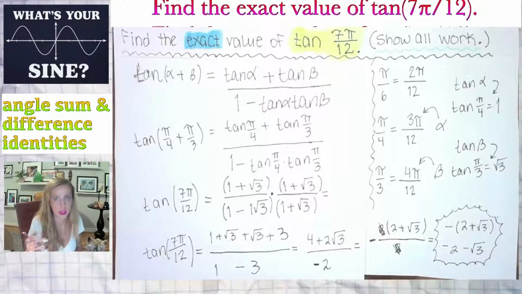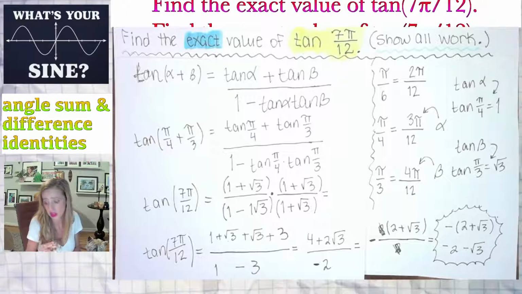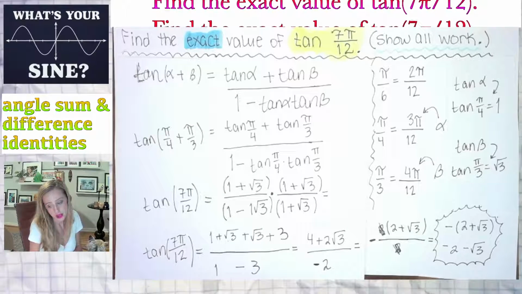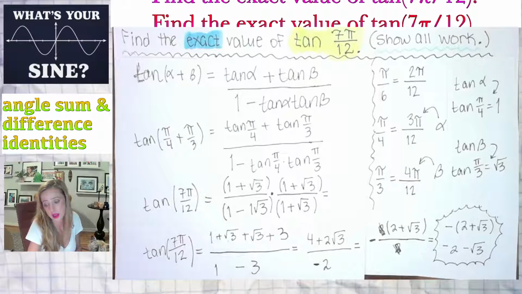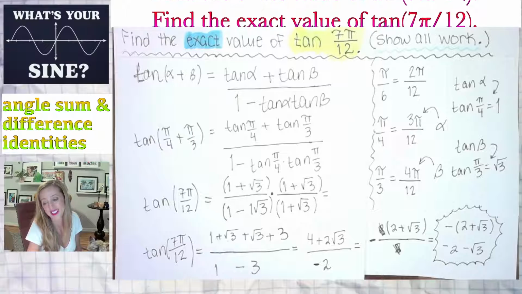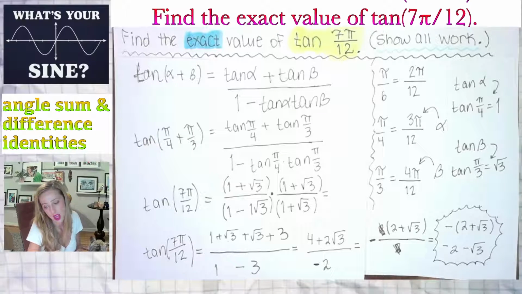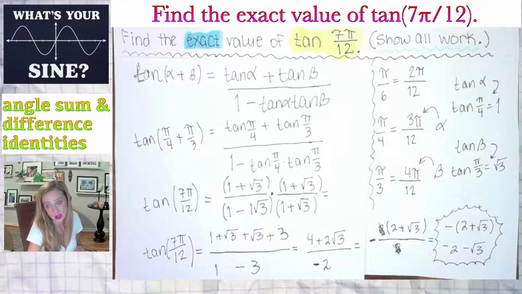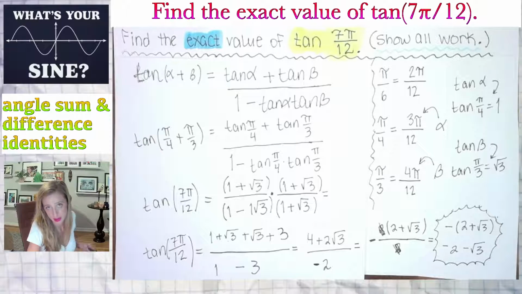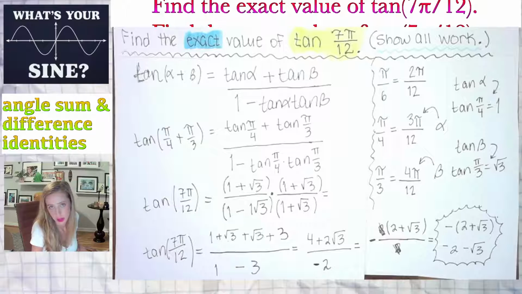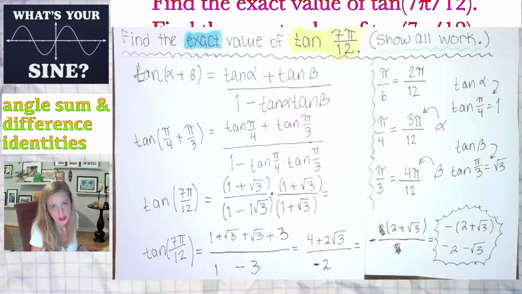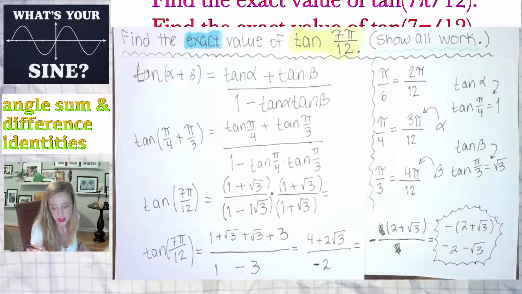All 3 are correct, none are correct. So read all the choices, read carefully, but that right there was evaluating and finding the exact value of tangent of 7 pi over 12, using the rule we have for the tangent angle sum identity. We just showed that we got the same answer as if we had done it with sine over cosine.